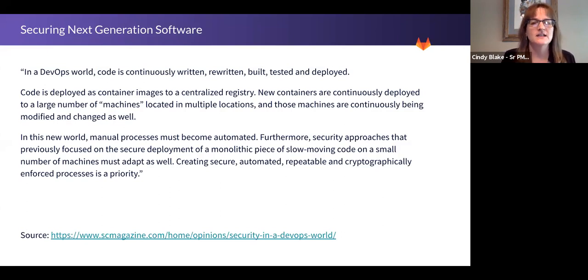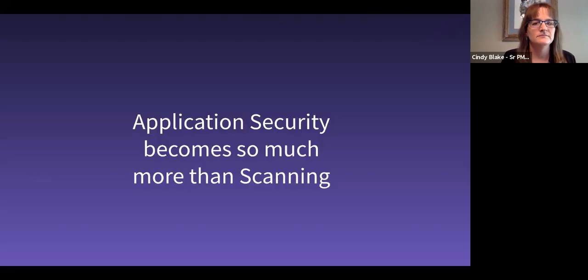So let's dig into this just a little bit more. Application security has been historically thought of as scanning, whether it's manual through penetration testing or automated through static and dynamic testing. And then came IAST because DAST wasn't early enough in the life cycle. So we've added different types of scanning for vulnerabilities. But in this new world of next generation software, scanning isn't going to be enough.